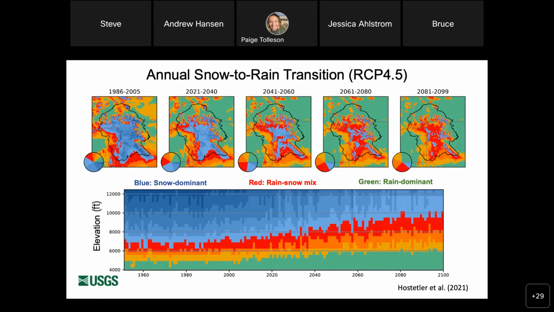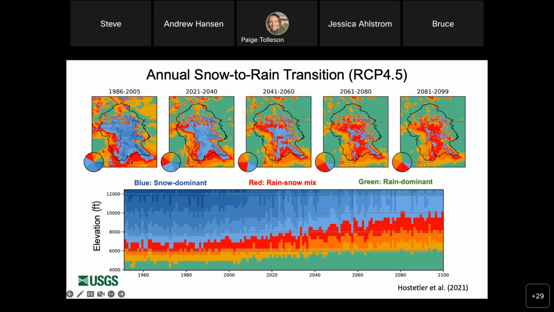So what does this have to do with the snow? This figure shows how through time the elevational distribution of rain and snow might change in the GYE. The top row of maps shows in blue where currently snow dominates the winter's precipitation.